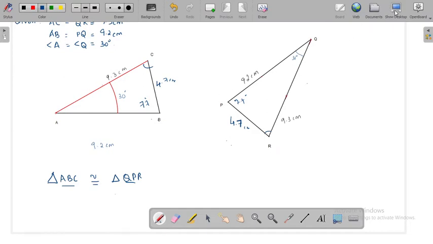Now let's check this: if two sides and the included angle are given, will the triangles be congruent in all cases? Okay, let's check that.